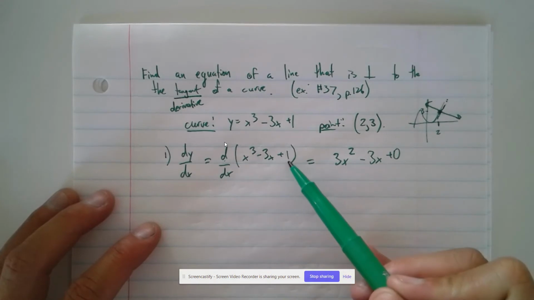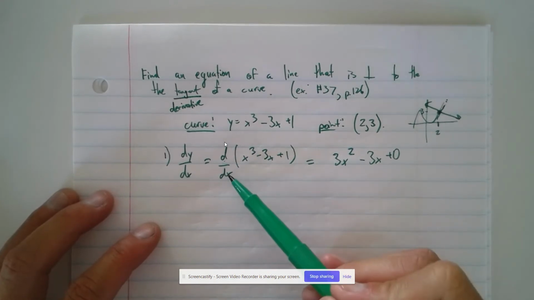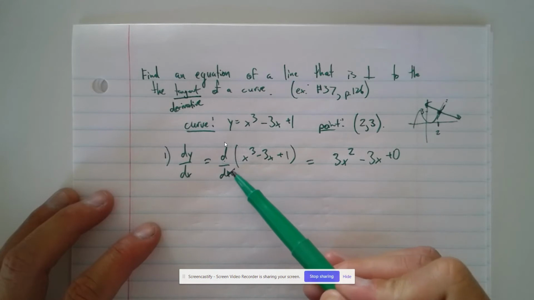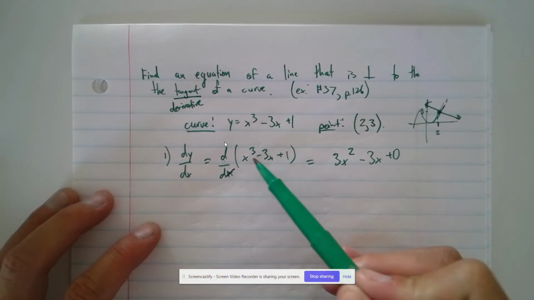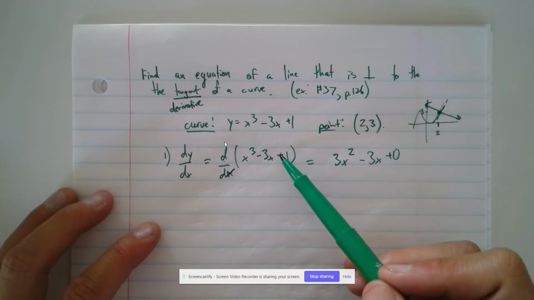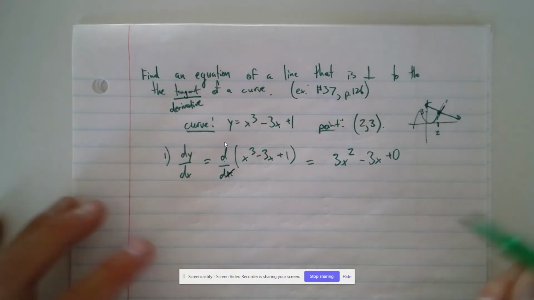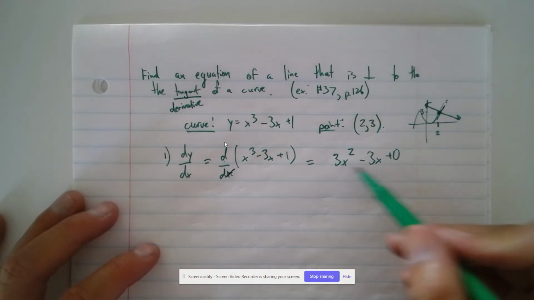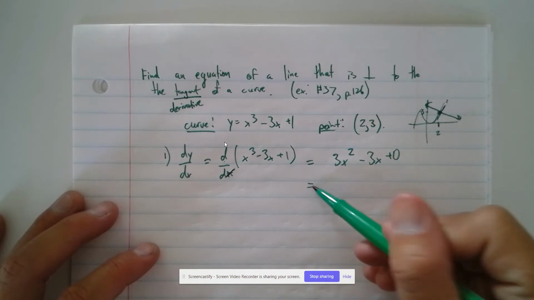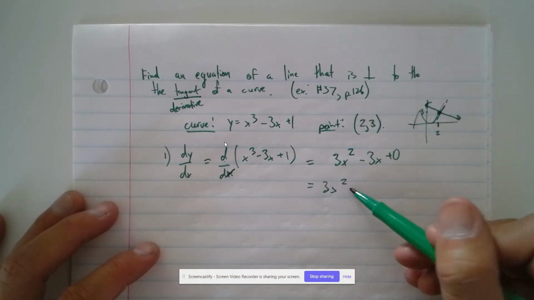Does that make sense? You're taking the derivative with the knowledge that x is the variable, the input value that you can plug in. Then this is the derivative, simplified to 3x squared minus 3x.